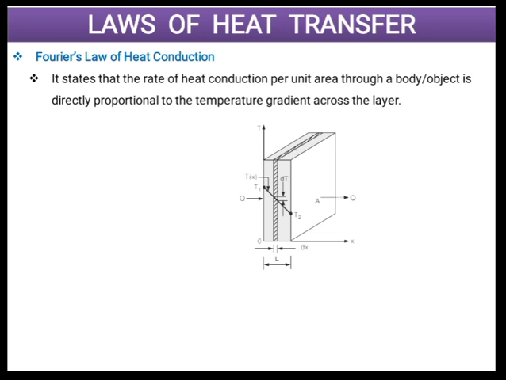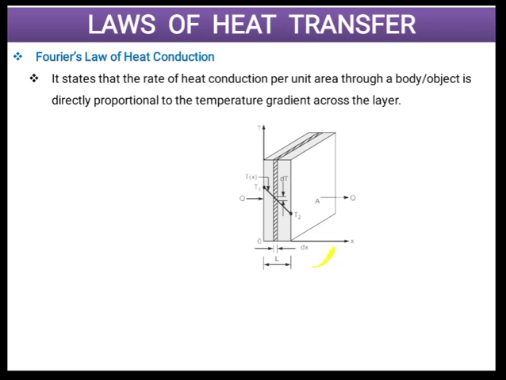As we see on the left face of this wall, the temperature is T1, on the right face, the temperature is T2. So, with the increase in distance, the temperature is reducing, and this difference in temperature will be responsible for heat transfer by conduction. We are going to consider a very small elemental strip in the direction of the thickness of the wall.